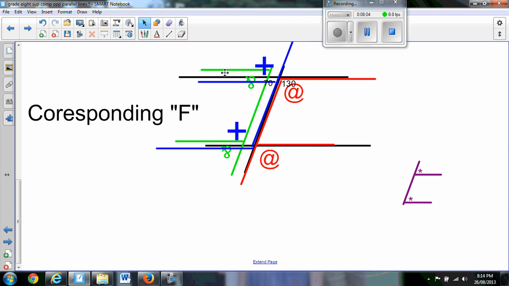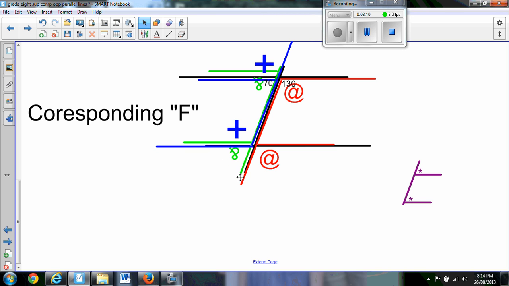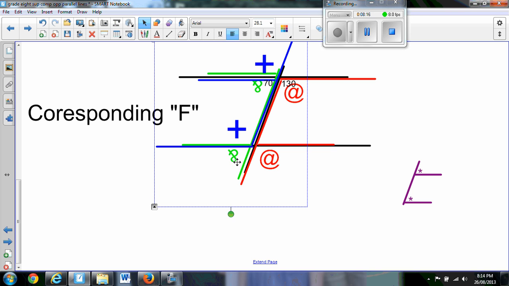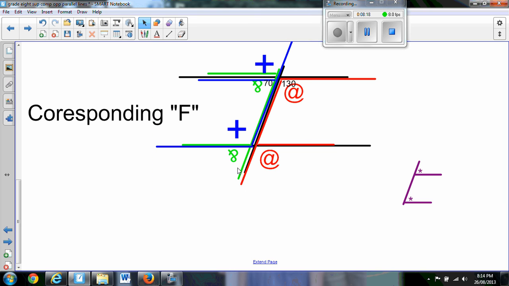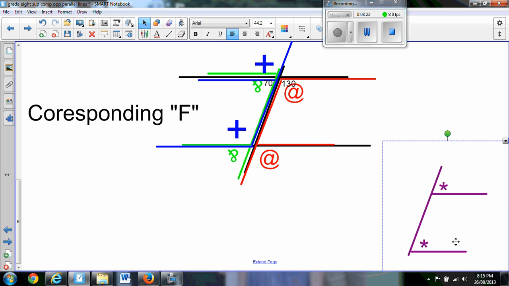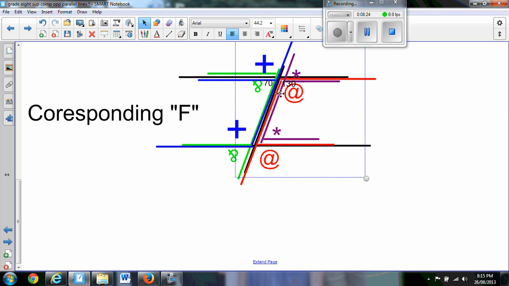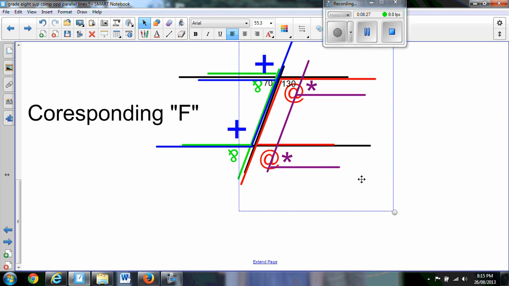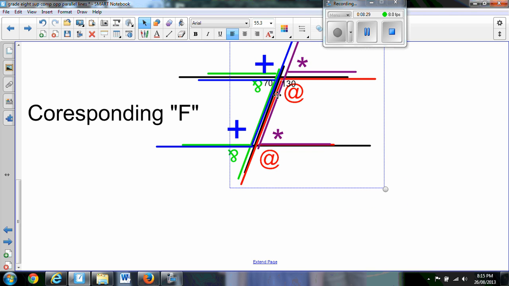I'll really leave that one alone. And there is our F right there. So now this angle and this angle are going to be the same. And we only have 1 F left. It's starting to get a little bit tight in here. A little bit confusing, but we'll start pulling them off so you can see it again.